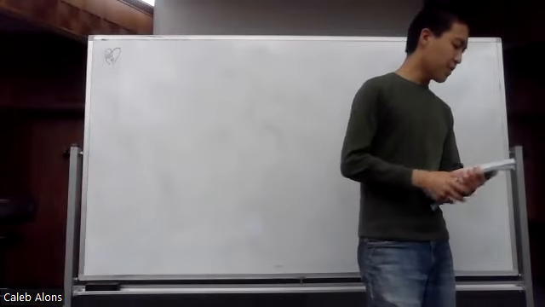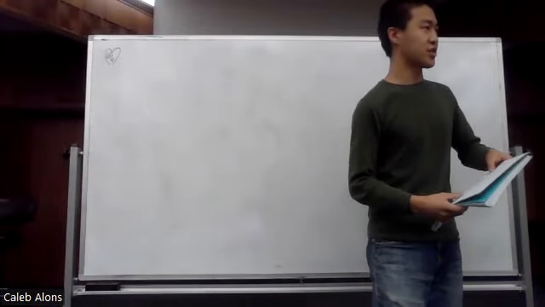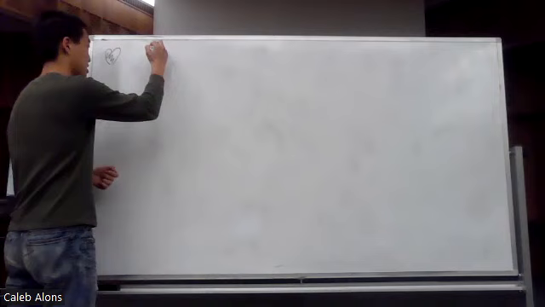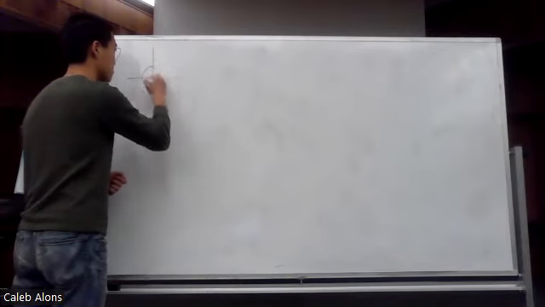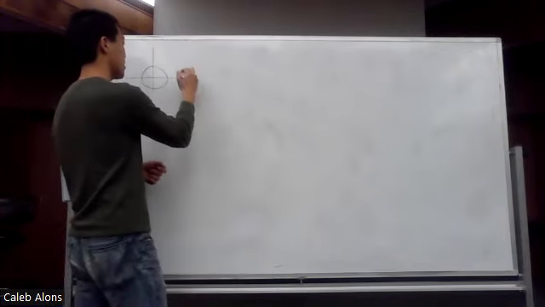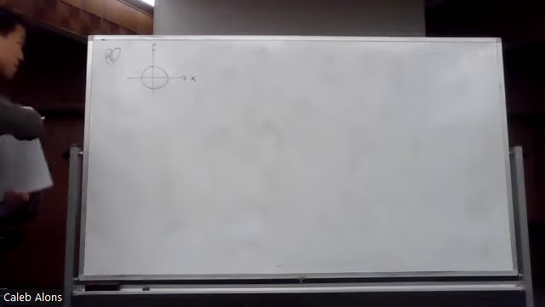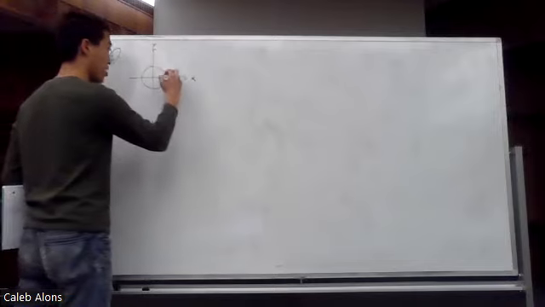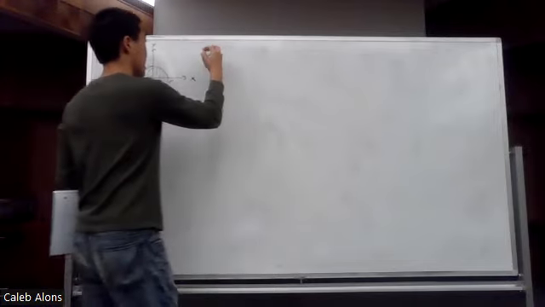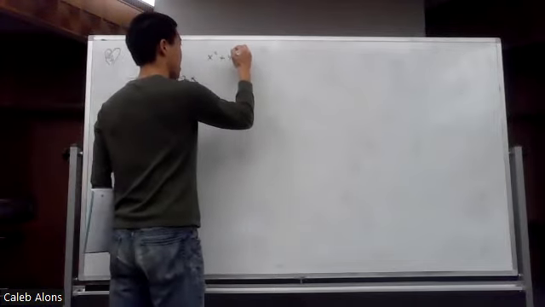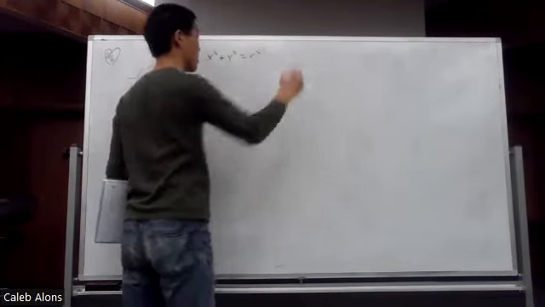I like polar regions because circles are very, very disgusting in Cartesian. The way that often happens is you start with something like this circular region in R2. If I knew that this had a radius of R and it's centered at the origin, then I could say, okay, I have x squared plus y squared is equal to R squared.